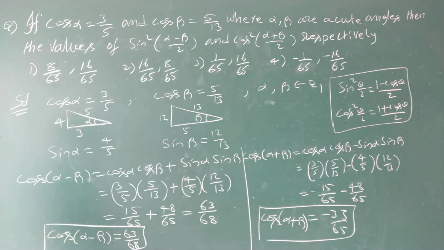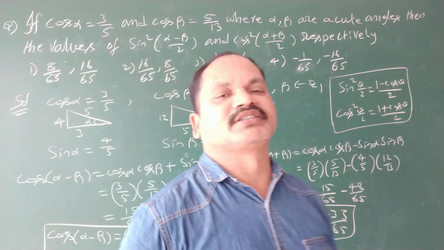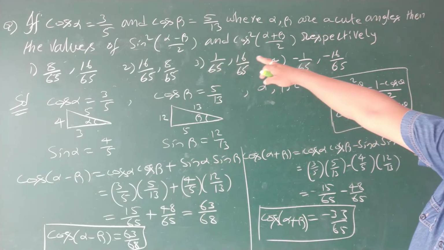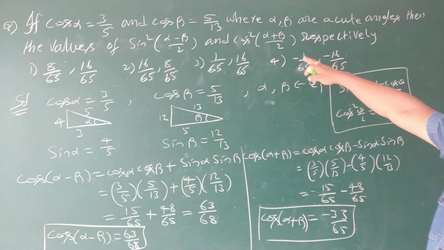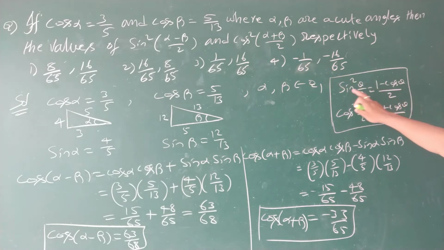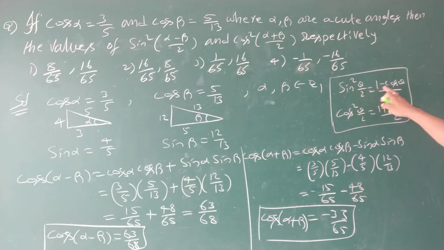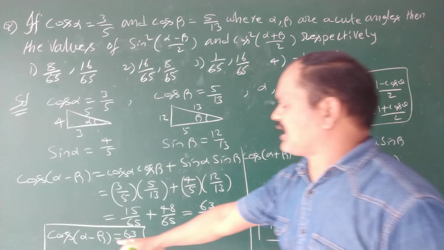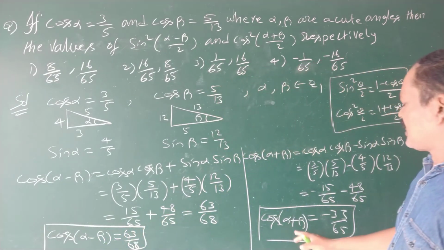Cos alpha minus beta is 63 by 65. From these two results, we have to identify sin square (alpha minus beta) by 2 and cos square (alpha plus beta) by 2. According to these forms, sin square theta by 2 is (1 minus cos theta) whole by 2 and cos square theta by 2 is (1 plus cos theta) whole by 2. So where theta is alpha minus beta once, alpha plus beta once.